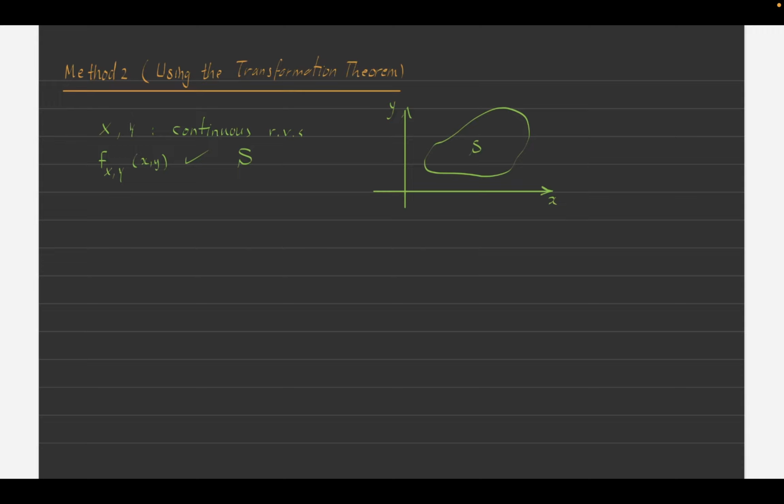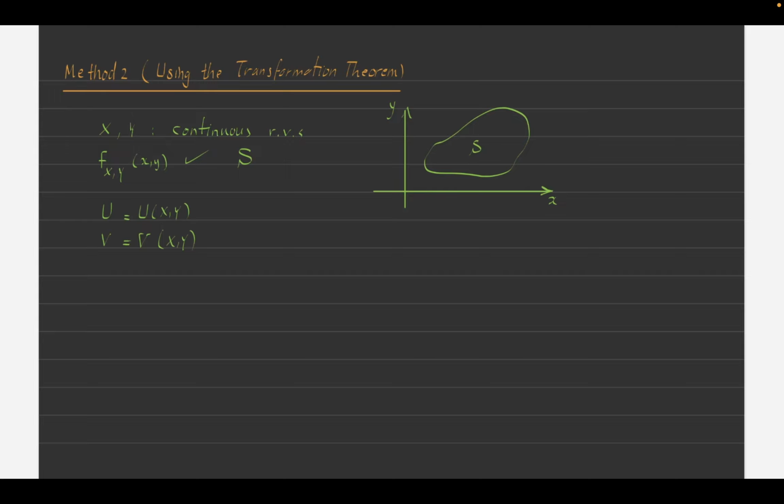So for example, I have u is a function of x and y. I'm a little bit abusing this notation. I'm using the same letter for the output and the name of the function, but I think it's understandable. So this simply means u is any function, not any, of course, well-behaved function of the random variables x and y, and we also have v equal to a function of x and y.